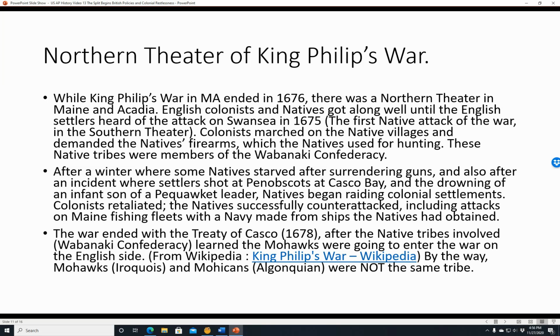And after a winter where some natives starved after surrendering their guns, which made it a lot harder to hunt animals for food, and also after an incident where settlers shot at the Penobscots at Casco Bay and the drowning of an infant son of a Pequot leader, natives began raiding colonial settlements. Colonialists retaliated, and the natives successfully counterattacked, or retaliated to the retaliation, including attacks on Maine fishing fleets with a navy made from ships that the natives had obtained.